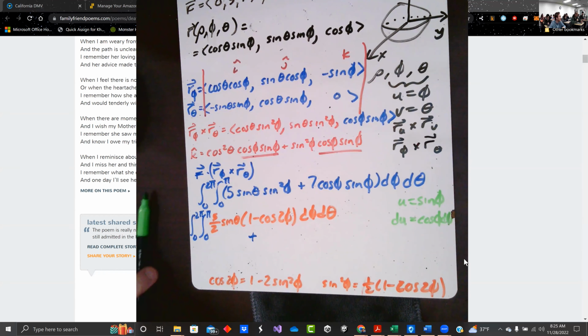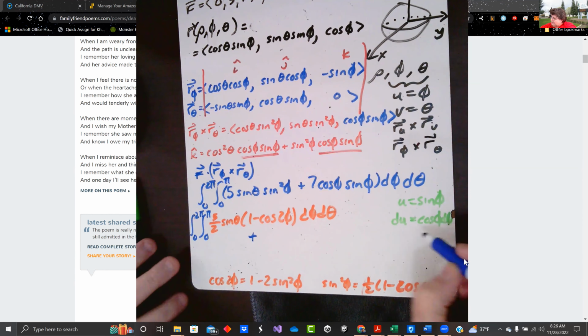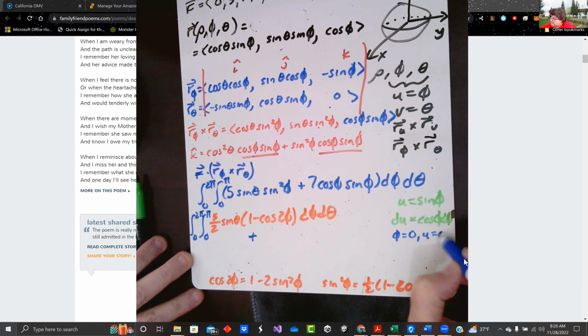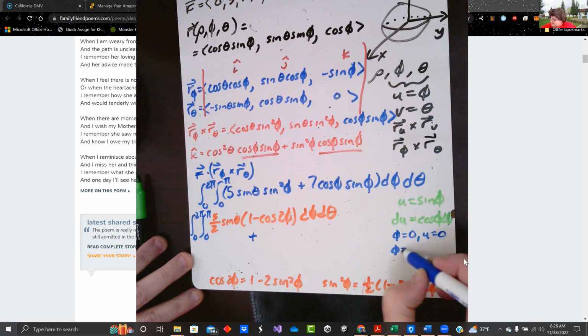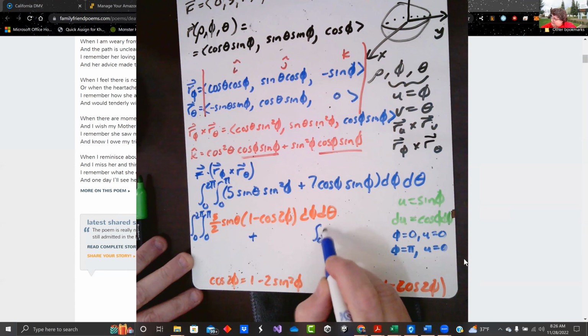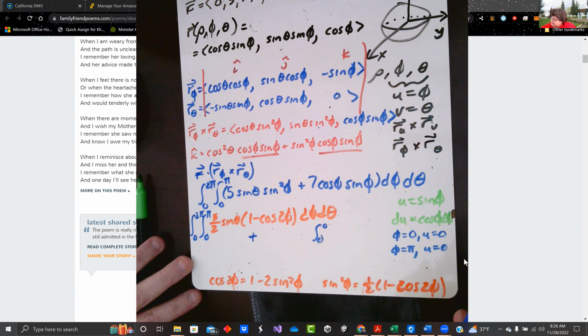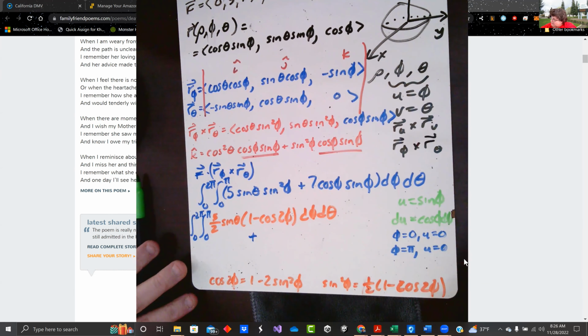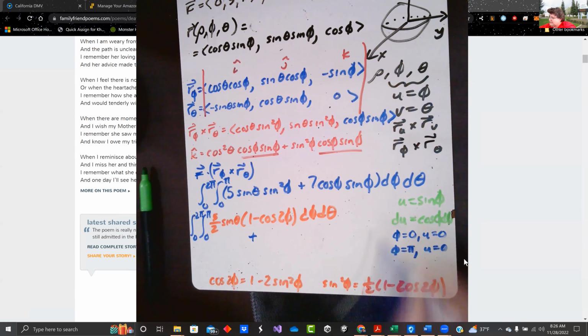It's Cyber Monday. And when we plug in 0, when phi is 0, U is 0. And when phi is pi, U is 0 also. Which means we are going from 0 to 0, and that entire integral ends up going to 0. For your U sub, that's sine phi.